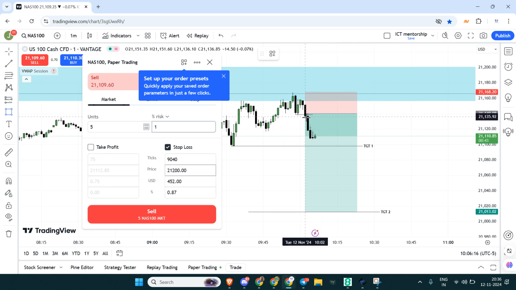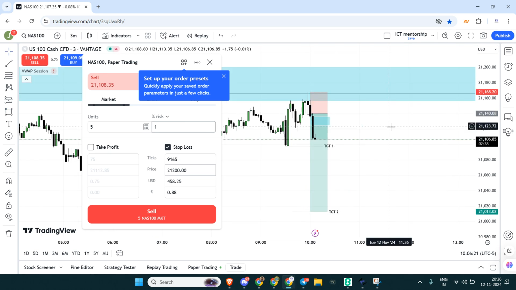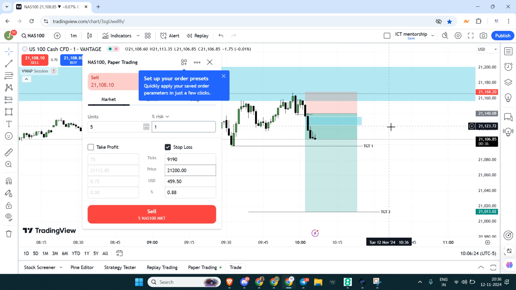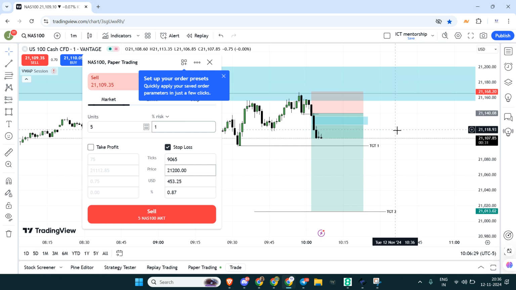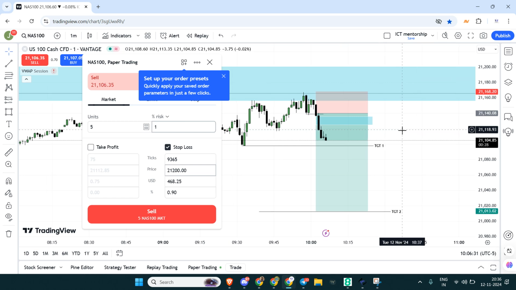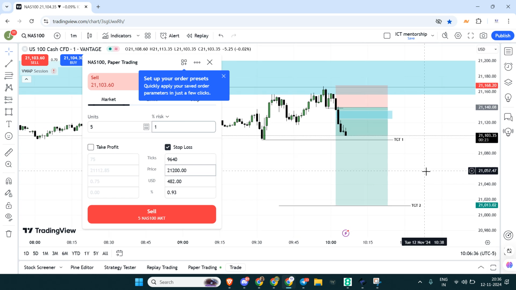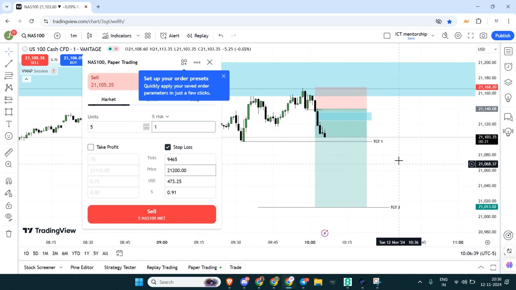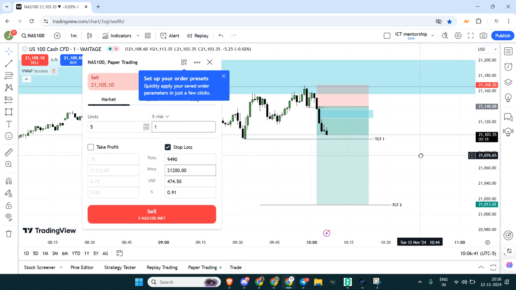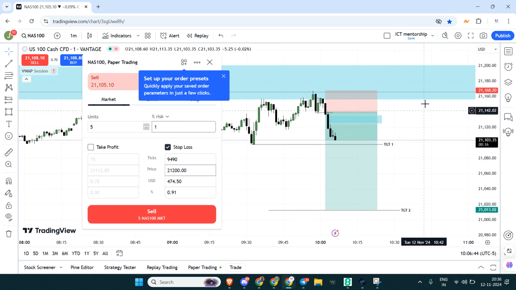So we can also enter this one, this FVG. It's almost close to our first target. So you can book partial profits here, and you can move the entry to break even.